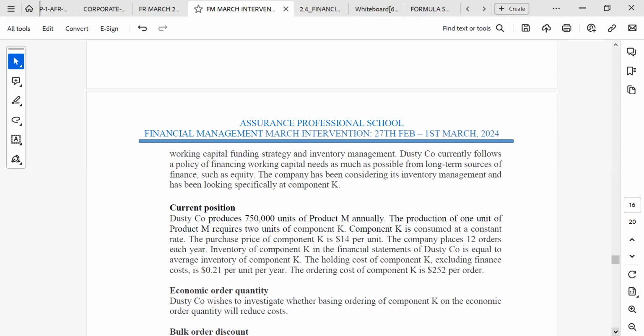The ordering cost of component K is $252 per order. Economic order quantity. Dastico wishes to investigate whether basing the ordering of component K on the economic order quantity will reduce costs. Bulk order discounts.